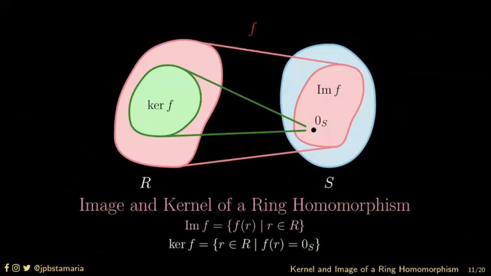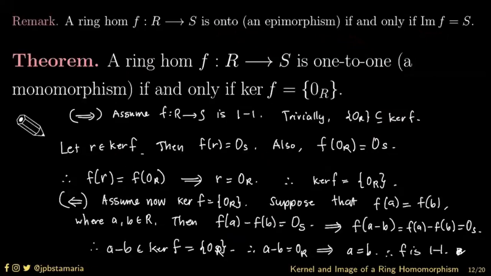Para masabing one-to-one, no, according to this theorem, kailangan the only thing that is zeroed out by F, or the only thing that gets annihilated by F, if you may want to use that term, no, is the zero of the ring. Kasi by default, the zero of the ring R goes to the zero of the ring S. So technically, si zero will always be zeroed out by F. So laging present siya sa kernel.